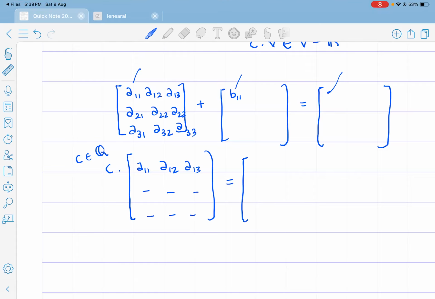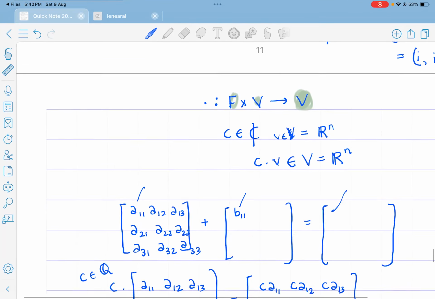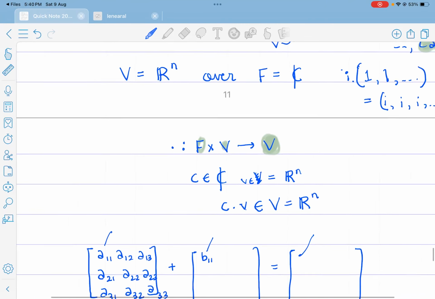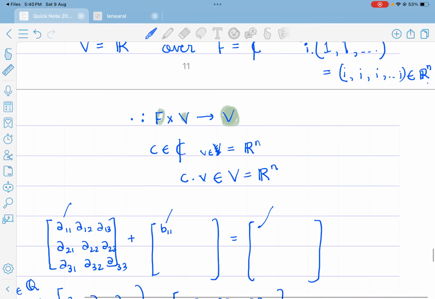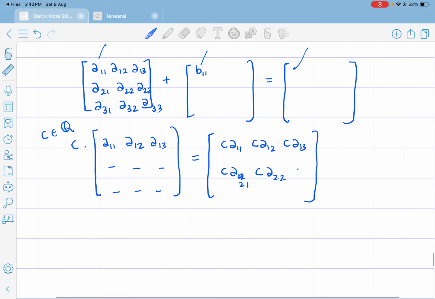This will be c a11, c a12, c a13, and so on. The problem in the last one was that we multiplied a complex number with a real number, and the answer may actually go to a complex number, and that was creating the problem.